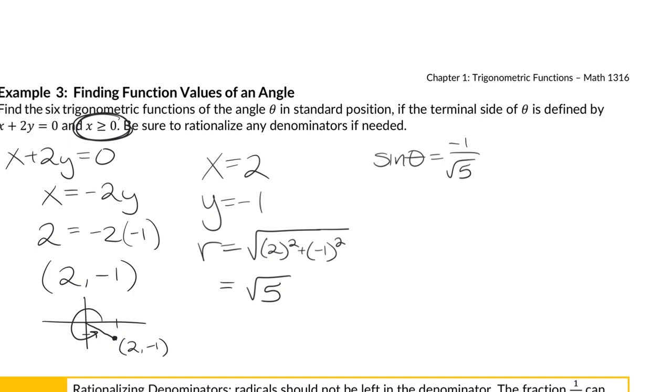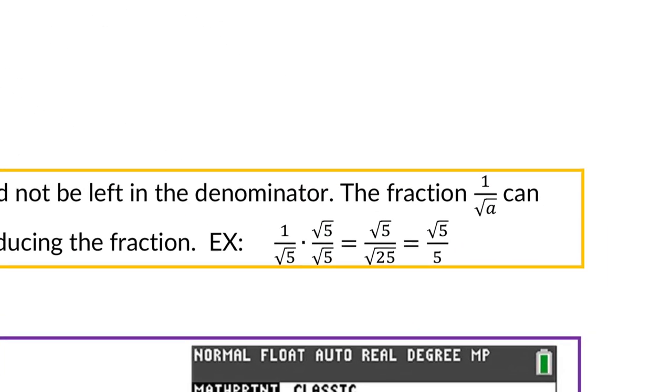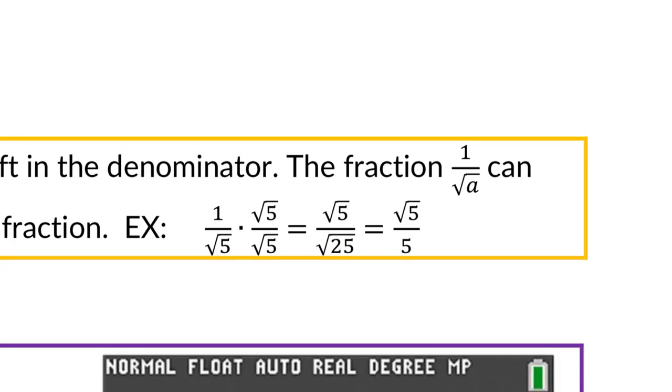So what we're going to do to rationalize a denominator, you don't need to write this down as long as you understand what it means. We can rationalize a denominator by multiplying by the square root that's in the denominator as a scalar of square root of that number over square root of that number. What it does is it allows me to write something like this.